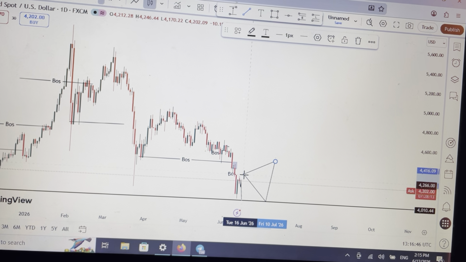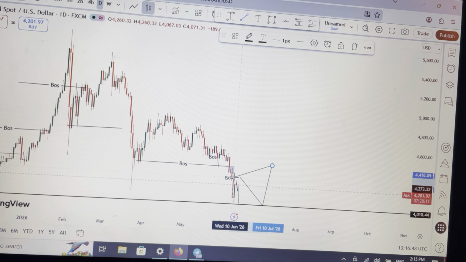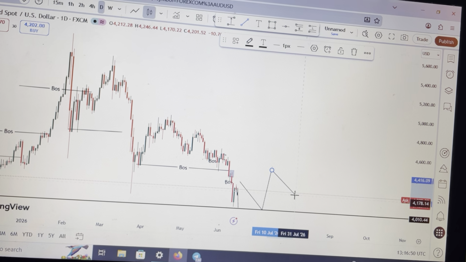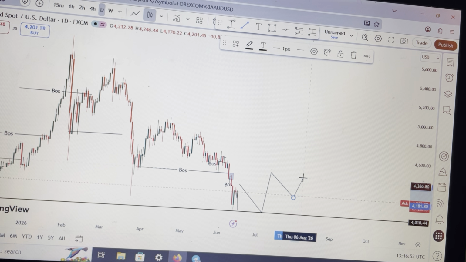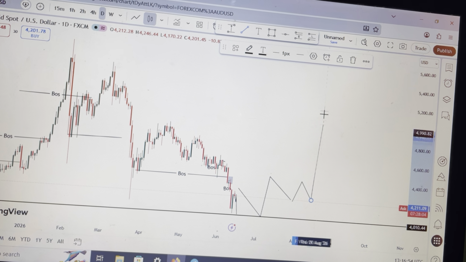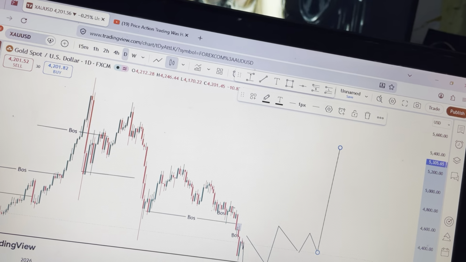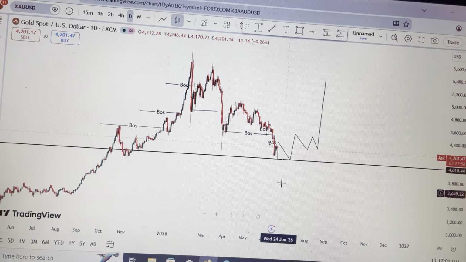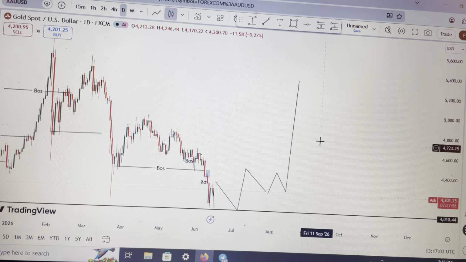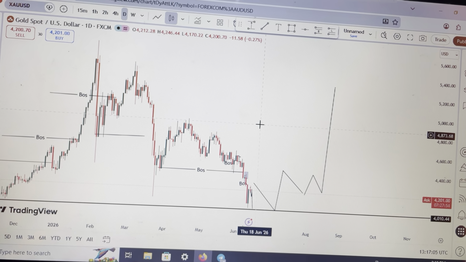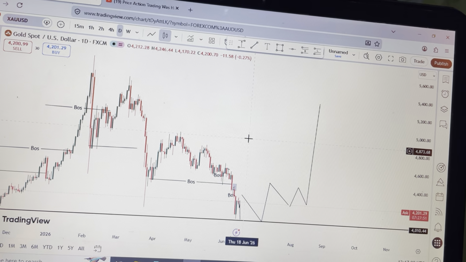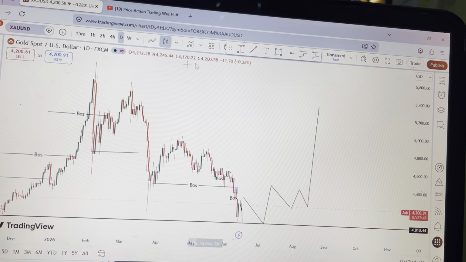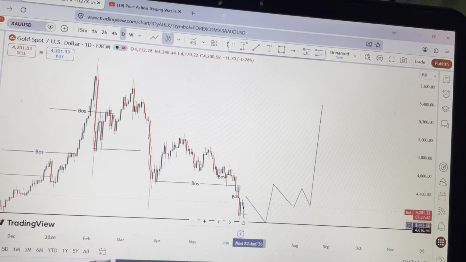So if price does this, grabs liquidity around this level, market structure shift, wait now for price to pull back around here like this, grab liquidity. So this is what we should be waiting for on gold before we start looking for a buy. You understand? But if you know very well, you can still go to the internal structure, like 5 minutes, 15 minutes, and be catching those moves here.